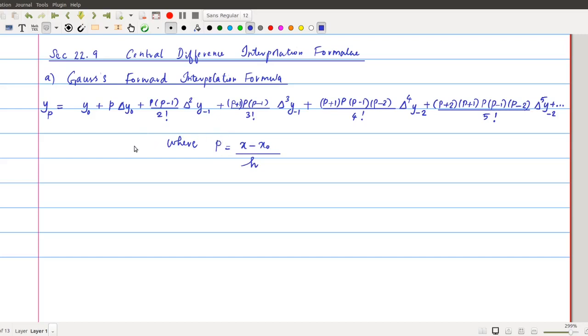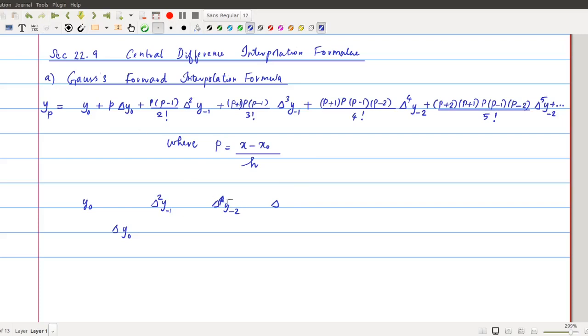Now we have how to identify this formula beyond the fifth degree term. For this we need to follow a rule, or you need to remember this fact. I write this is y naught and this is our delta y naught, and we write all the differences of y minus 1 with all orders. So this will be delta square y minus 1, and this is delta square y minus 2, this is delta raised to 4 y minus 2.